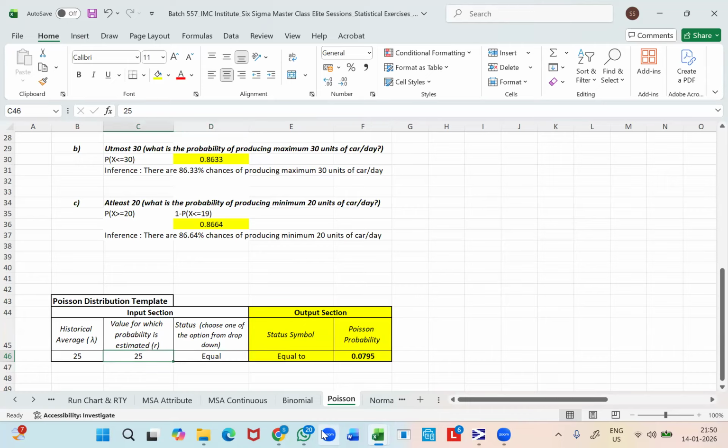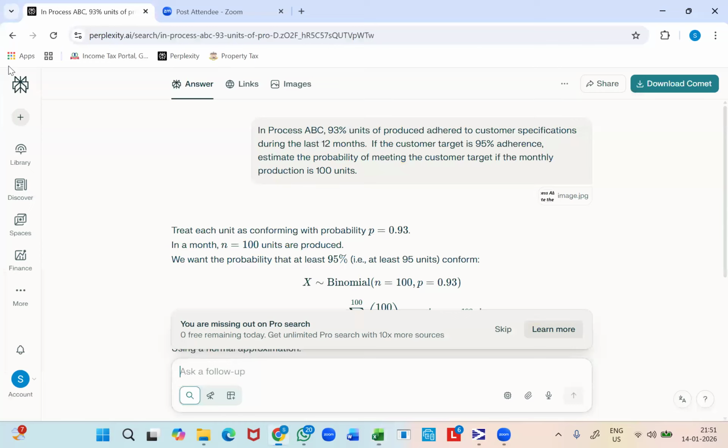The second one, it is at most 30, which is 0.8633. Third one, at least 20, 0.8664. So easy, right?